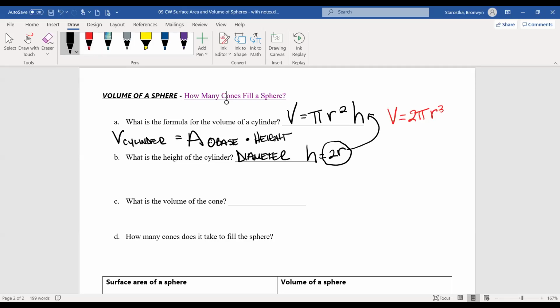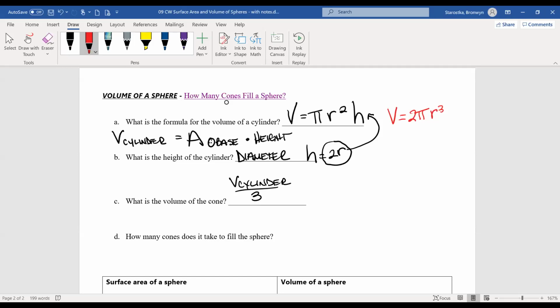Volume of a cone. Well, remember, the volume of the cone is the volume of the cylinder divided by 3. So we could take the volume of our cylinder, which is in red above, and just divide that by 3.